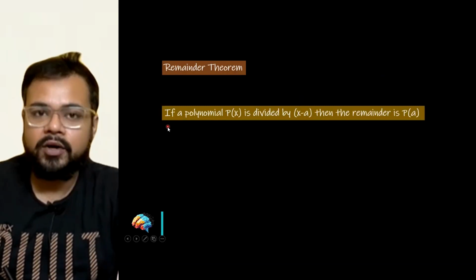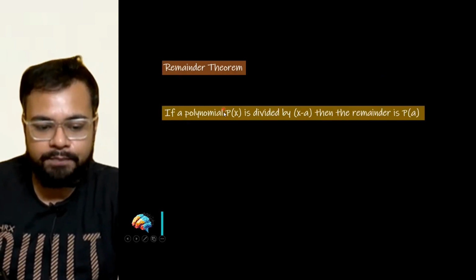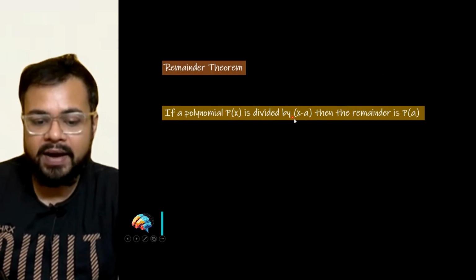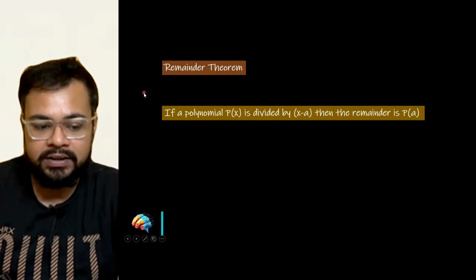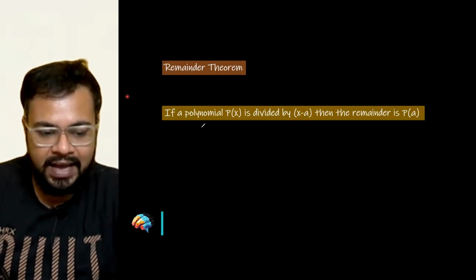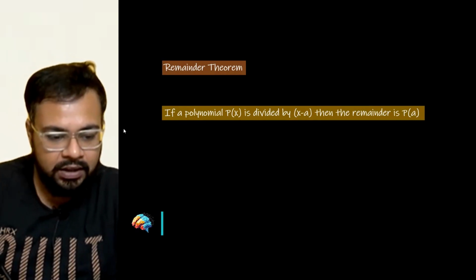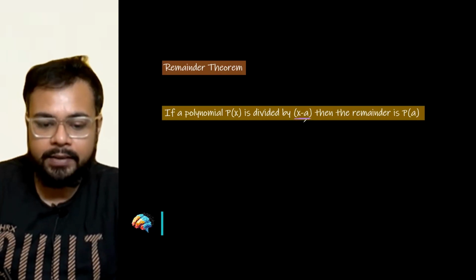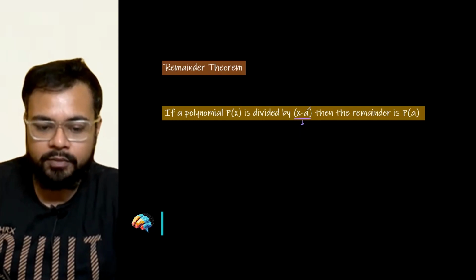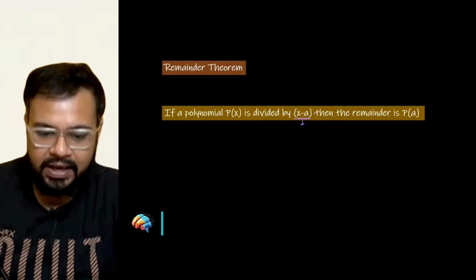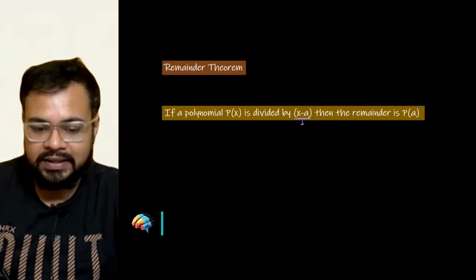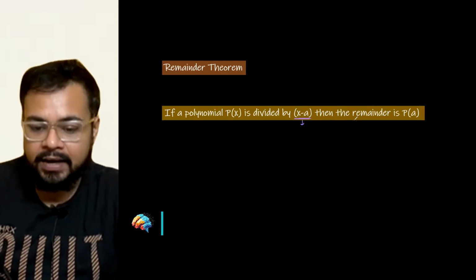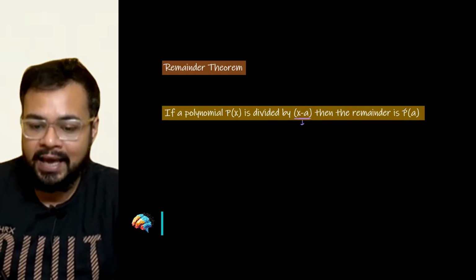The remainder theorem says that if a polynomial p(x) of any degree is divided by x minus a, which is a special form of a linear polynomial, then its remainder is p(a). Actually, any linear polynomial can be expressed as x minus a, and I'll show you how later.